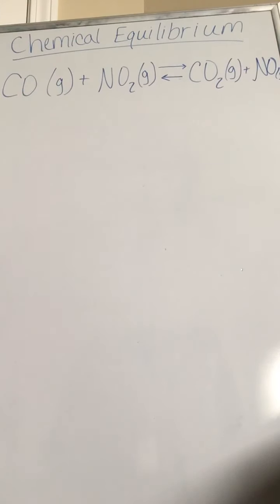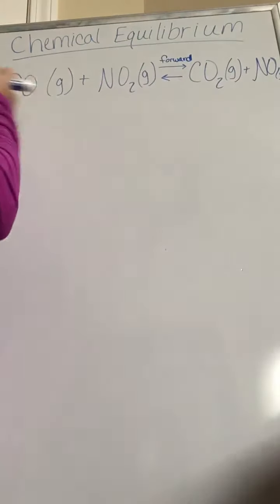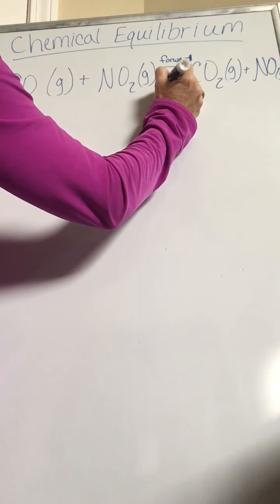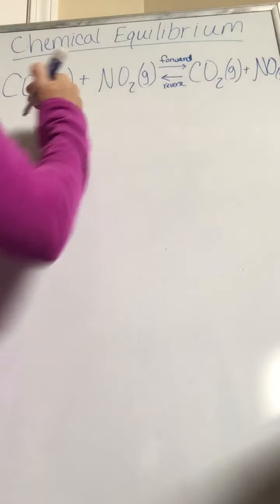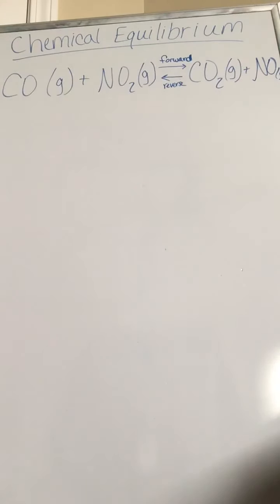All right. And so we have a forward reaction. The forward reaction is just the reactants that you put together, moving forward to make the products. The reverse reaction is when the products then react to form the reactants.